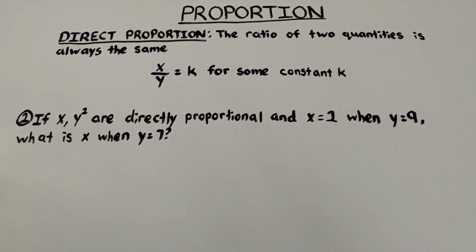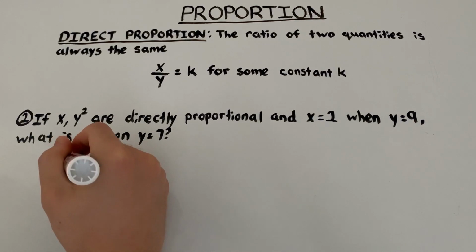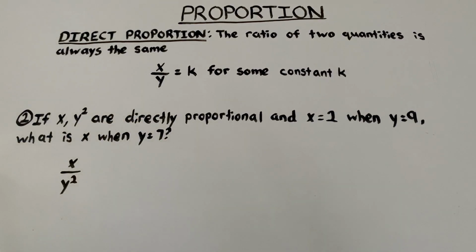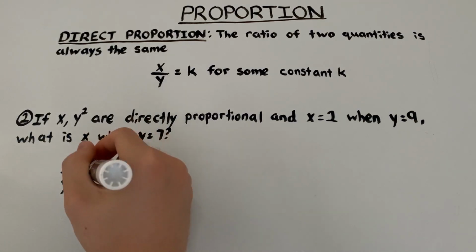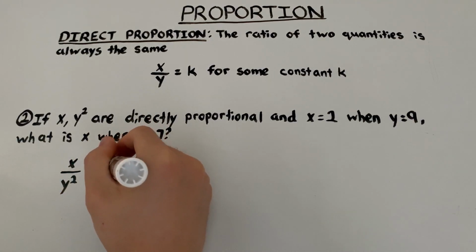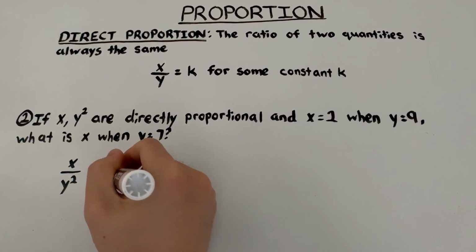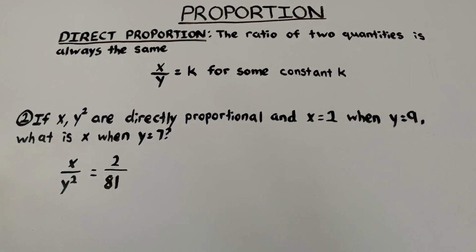Which means the ratio x over y squared is constant this time. So not x over y. Which means our ratio is not 2 over 9 this time. Instead, it's going to be 2 over 9 squared, which is 81. So that's the first given information.